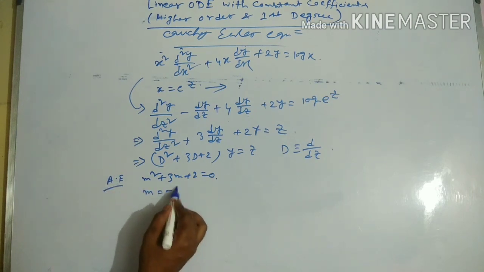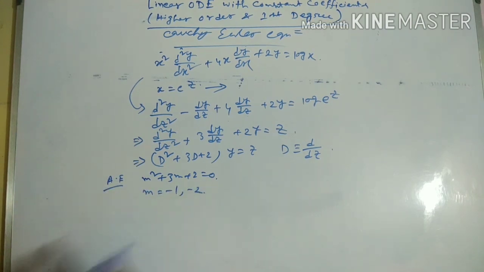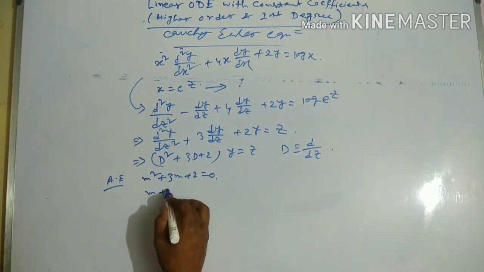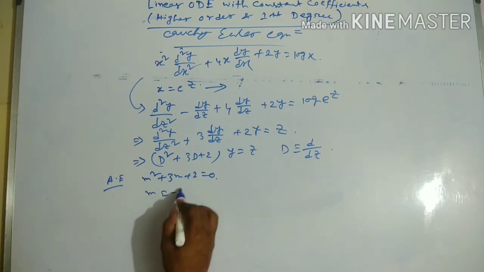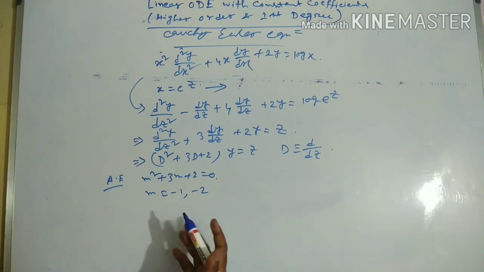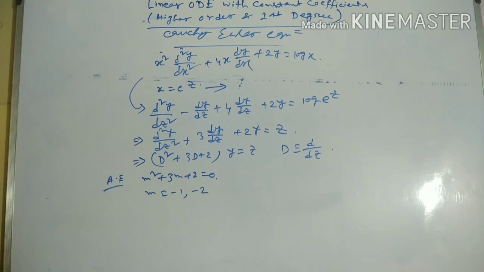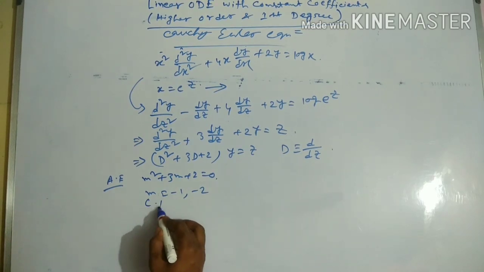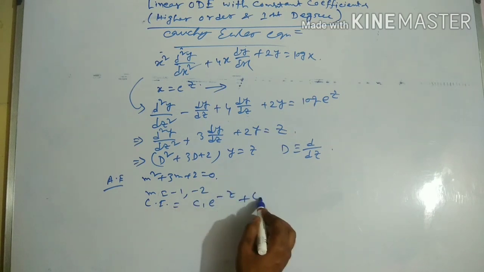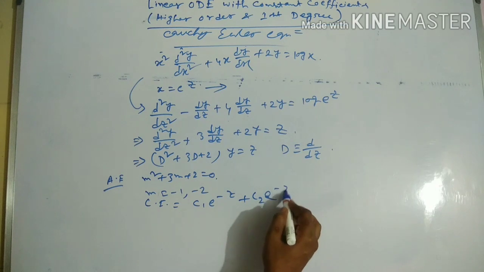The factors will be (m plus 1)(m plus 2), so the roots will be m equal to -1 and -2. So the roots are real and unequal. Therefore the CF will be C1 e to the power minus z plus C2 e to the power minus 2z.